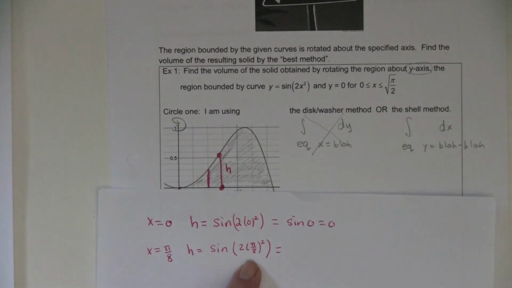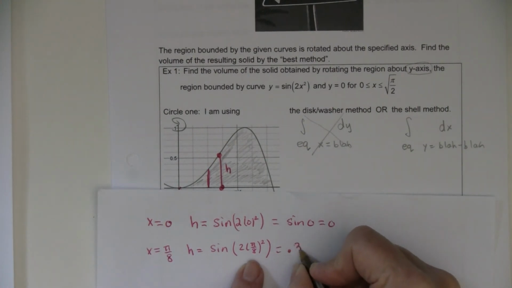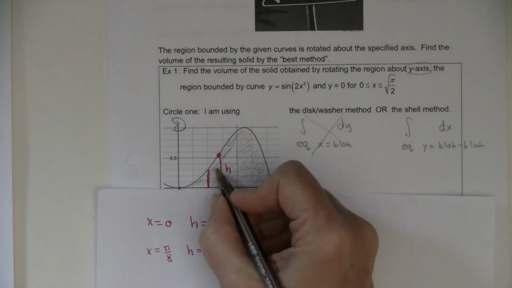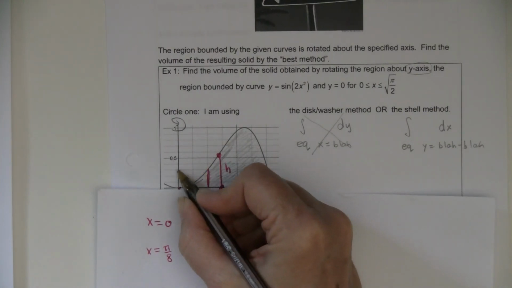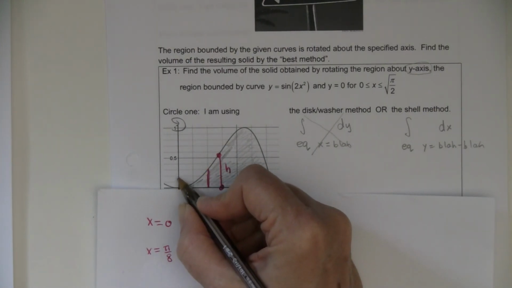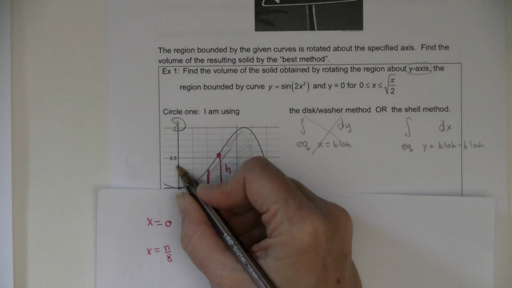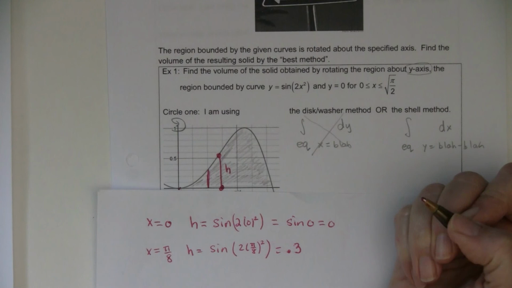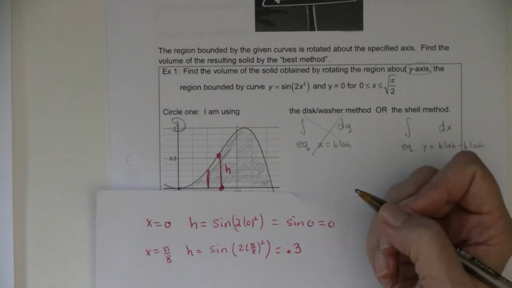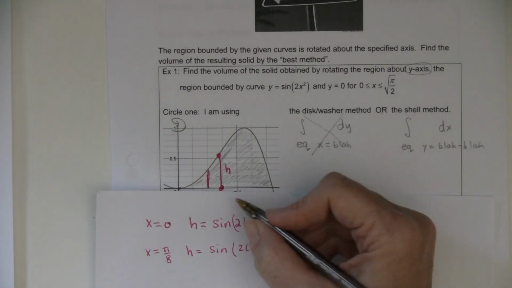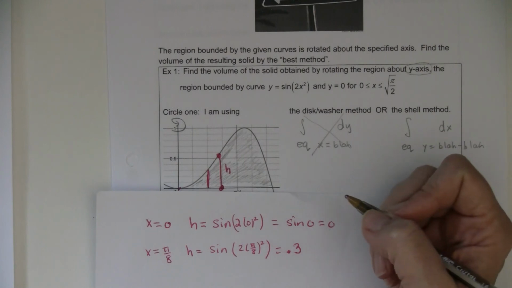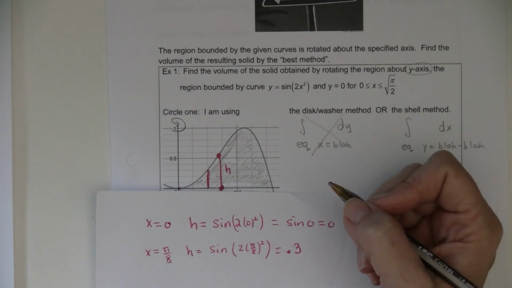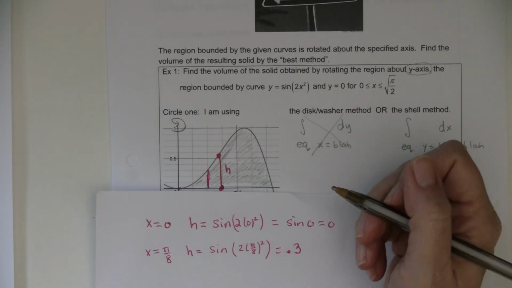It's 0.3 to the 10th, and I just want you to notice this height right here, right? 0.1, 0.2, 0.3, 0.4, 0.5. So that's all that it is telling us. It's telling us what is the height for each given value of x of our shell, right? And so that's what it's giving us.